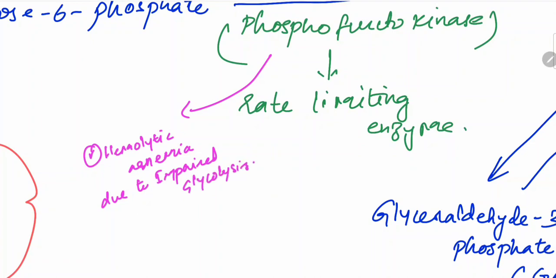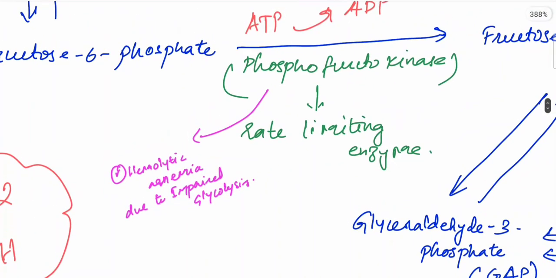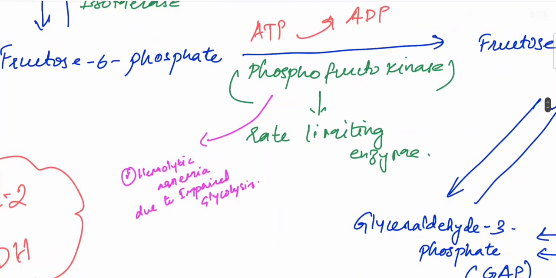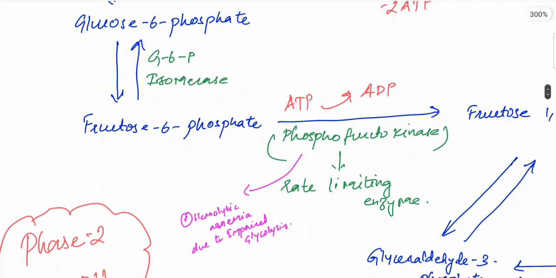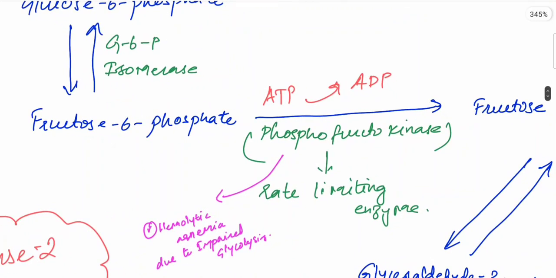The reason being, as we all know, the erythrocytes don't have mitochondria, so they can't produce ATP, right? So the absence of phosphofructokinase in our body causes hemolytic anemia due to impaired glycolysis.